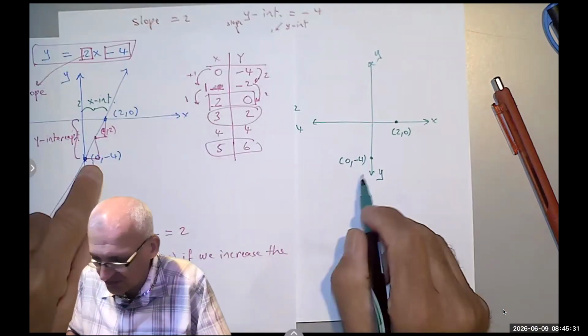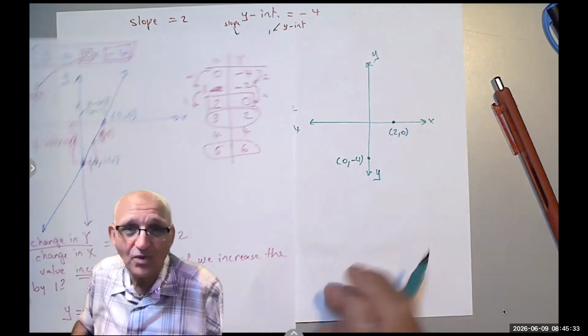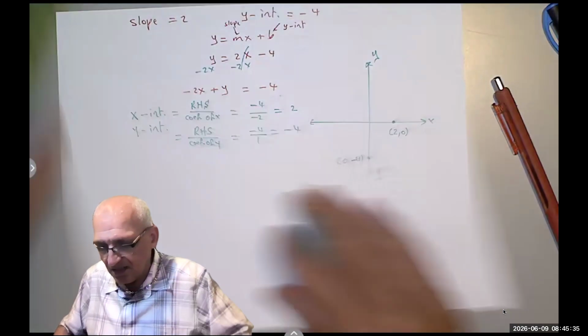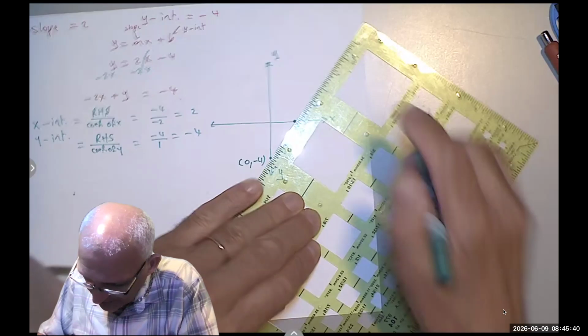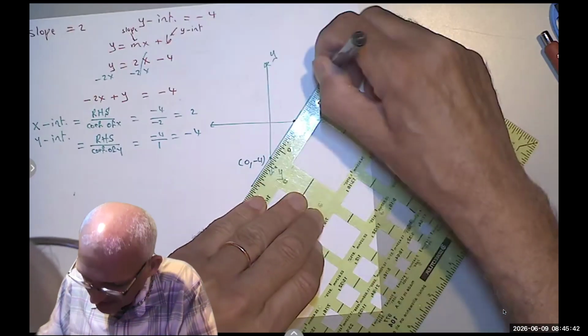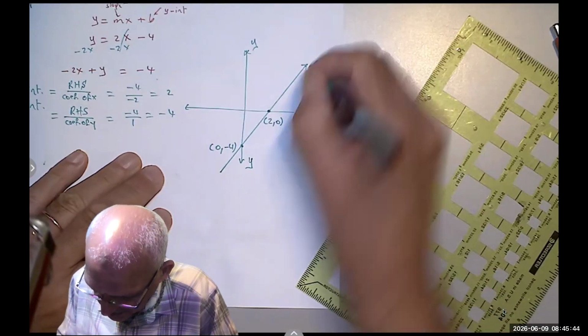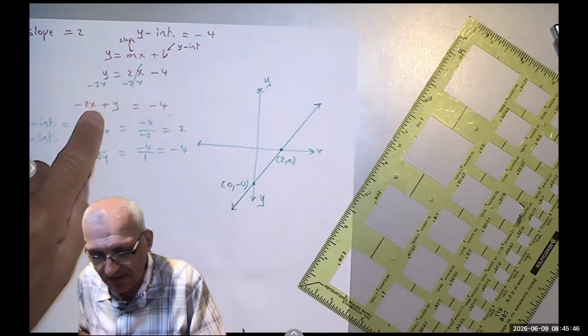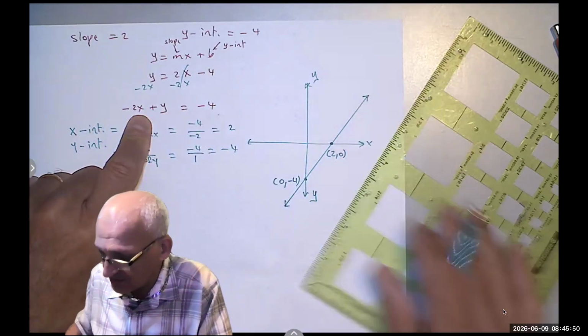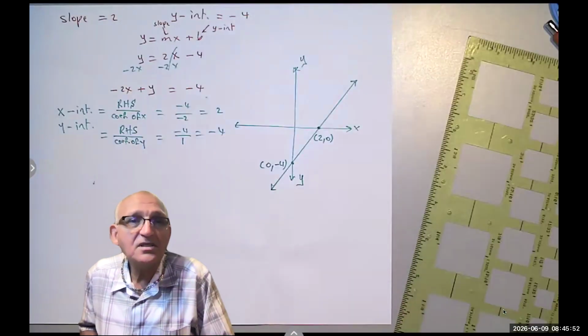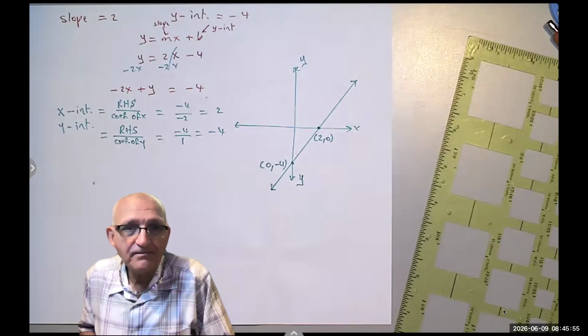I already found these 2 points, and that's all I need for a straight line: the coordinates of 2 points. So if I'm given the equation of the line in standard form, with the x and the y on the left and the constants on the right, I can plot the line quite easily.